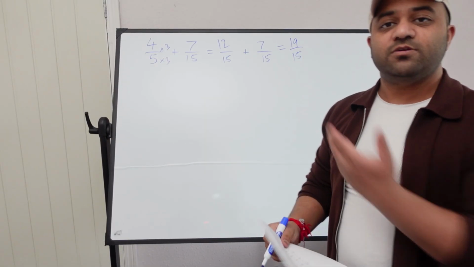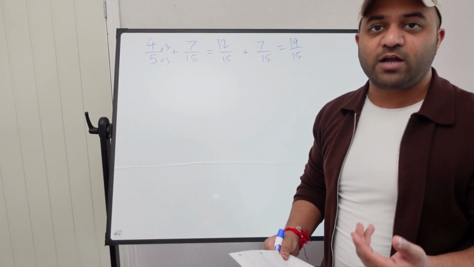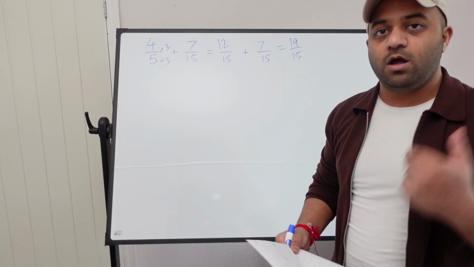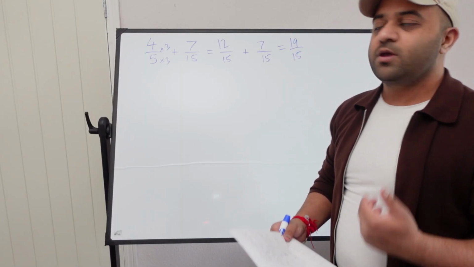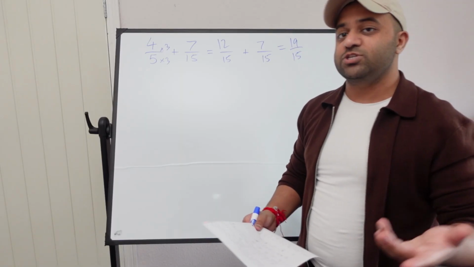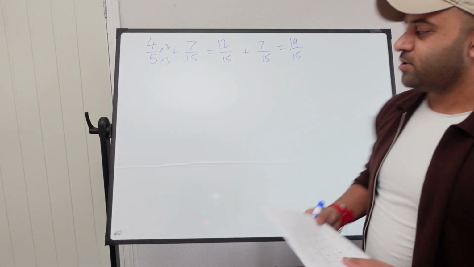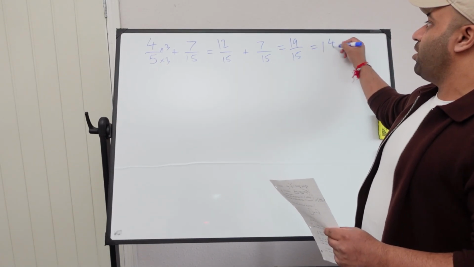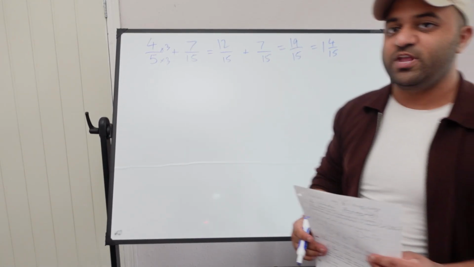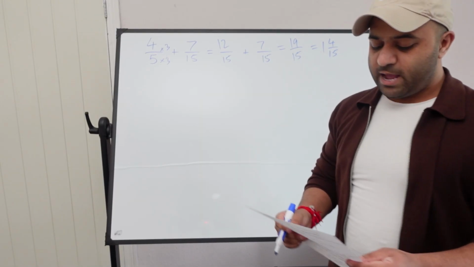And this answer is a top-heavy fraction where the top number is larger than the bottom number. Therefore, we can change it into a mixed number if we're asked to, in which case we would have 1 and 4 over 15. Now, let's move on to our final example.